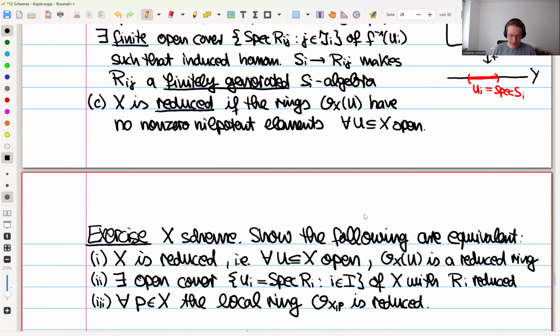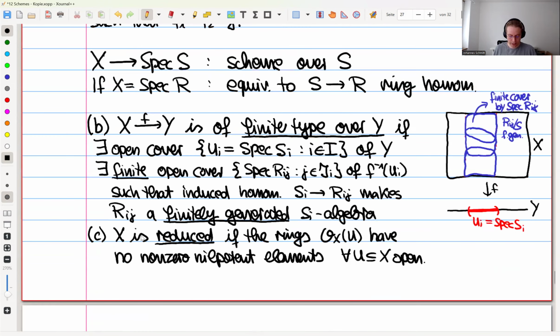And then the finite type assumption tells you that this is a finitely generated K algebra.